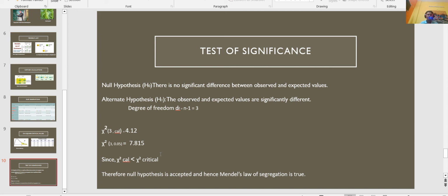Since the chi-square calculated is very much less than the chi-square critical, we assume the null hypothesis is true and is accepted, and hence Mendel's law of segregation holds true for this set of cases. So it can be applied to different scenarios to see whether the observed value differs significantly from the expected value. These are the applications of the chi-square test. I hope all of you understand this.